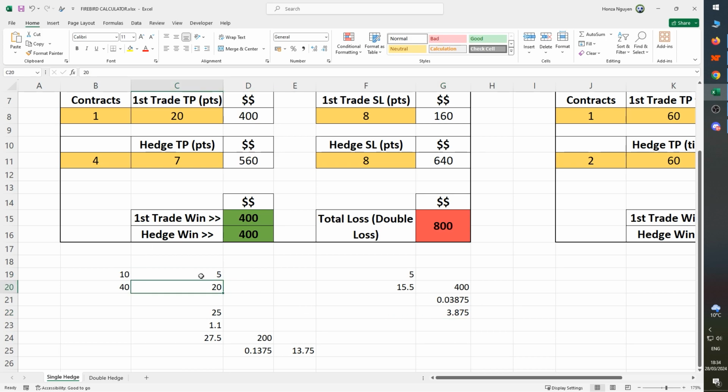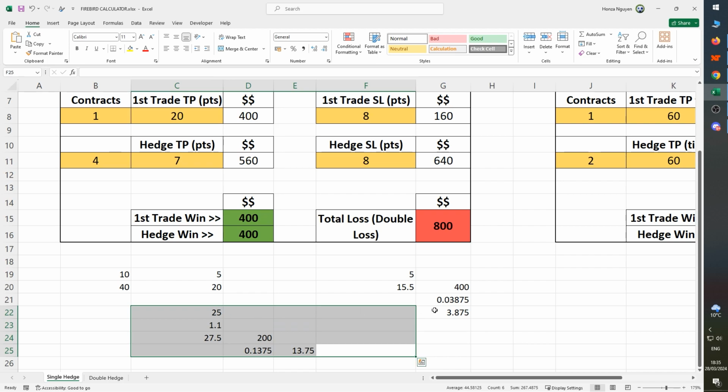But that's why I don't know about micros. I mean, it is what it is. So yeah, with minis, it's only 3.8% of your profit. And even if you go smaller, it takes quite a bit.